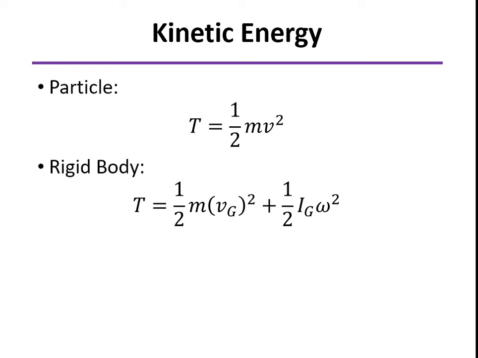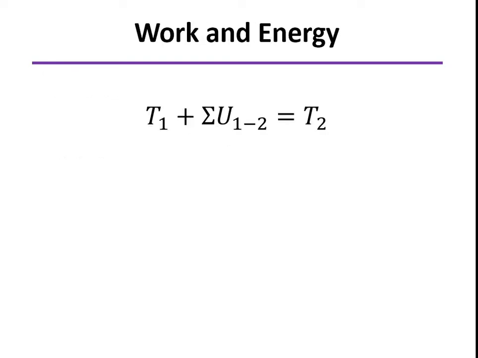And then 1/2 times the mass moment of inertia times the angular velocity squared gives us the total kinetic energy. And our principle says then that we look at the initial kinetic energy, add the summation of all the work done by the forces, and that will give us the final kinetic energy.